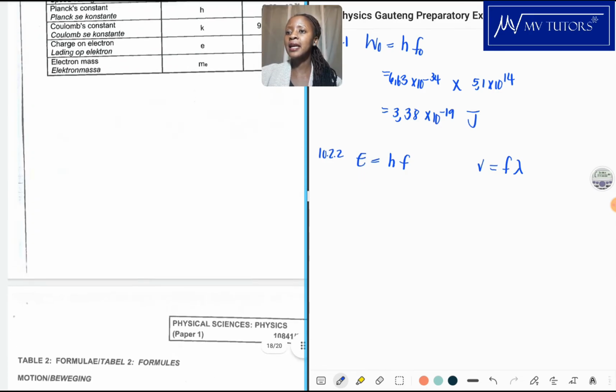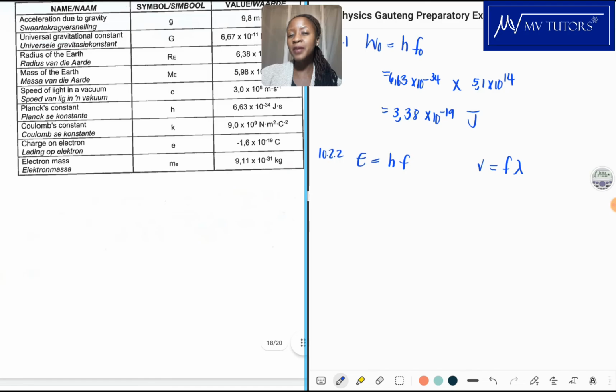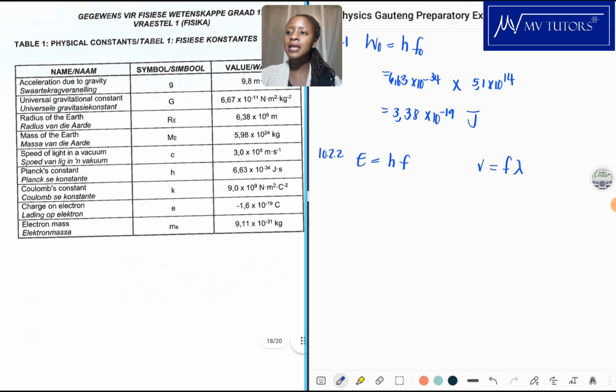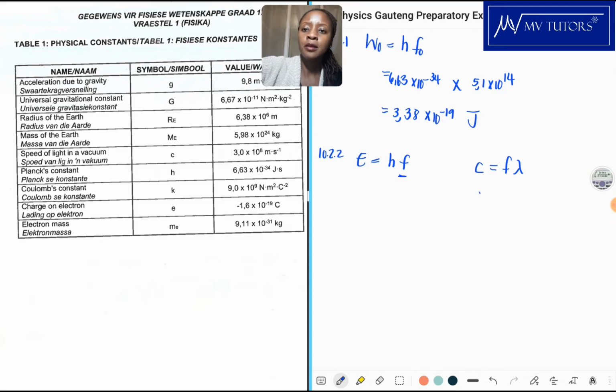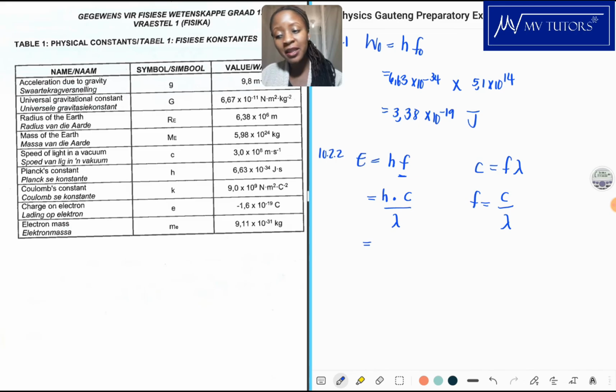But in this case, we're going to say the speed of light, so we're going to use c rather than v. If we want to put all of this in terms of frequency, we're going to say frequency is equal to the speed of light divided by the wavelength. And then we're going to plug it back here. So we have Planck's constant times c all over the wavelength, and then we can get our energy that we're going to measure in joules.